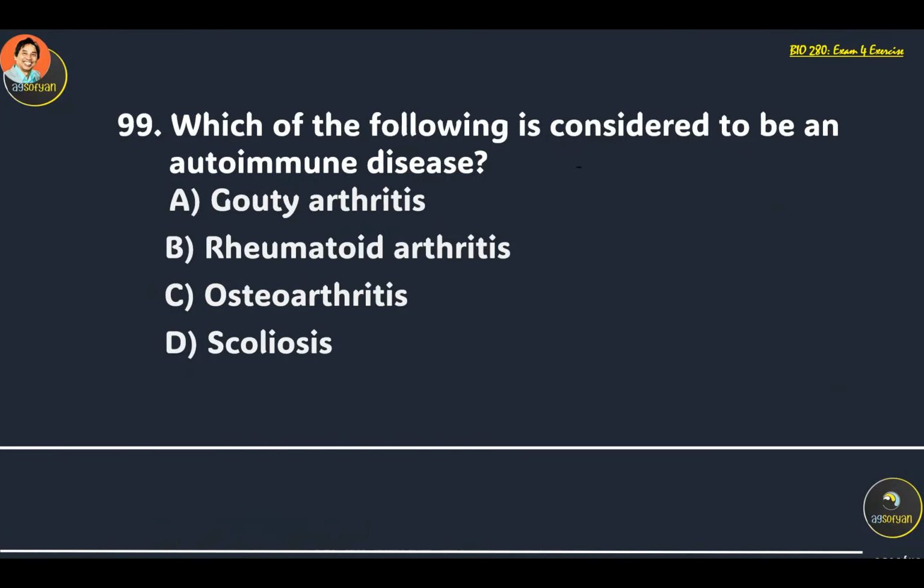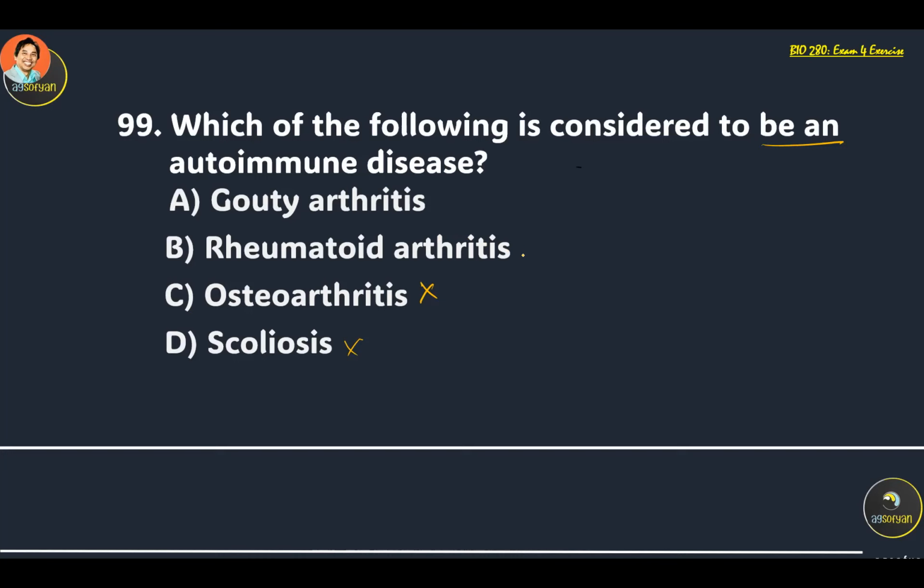Which of the following is considered to be an autoimmune disease? Scoliosis is not. This is a bending of the back.